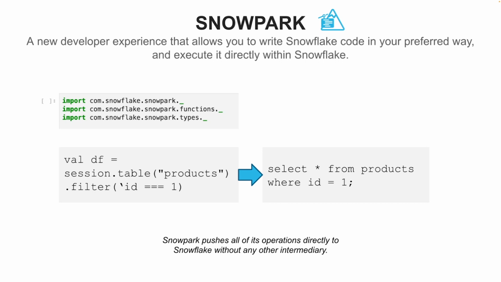And what we do is we create a data frame, df, that is essentially a mapping to a table of products, and we filter on the ID. So ID equals 1 maps directly to a SQL statement, which is select star from products where ID equals 1. This, in a nutshell, is what's going on behind the scenes for Snowpark and what it's actually doing to your code and how it runs on Snowflake.